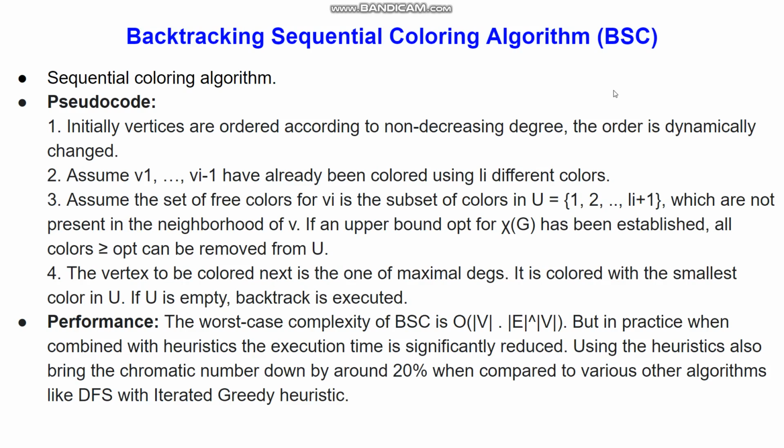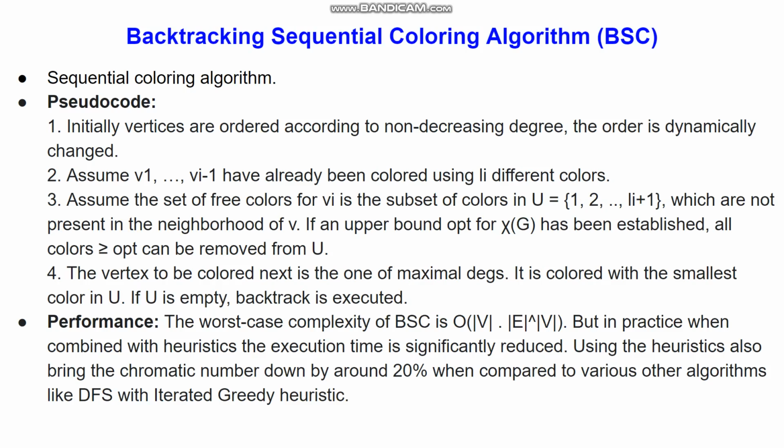Suppose when we are doing this algorithm step by step, we come to a particular node which cannot be assigned any color. Then it means that our assignment of the previous colors has been messed up, and we have to backtrack a step. That's the backtracking step, and then we have to reassign that previous vertex to some other color and try a different assignment.